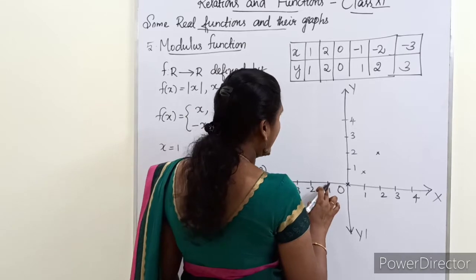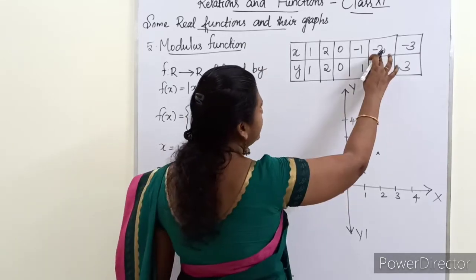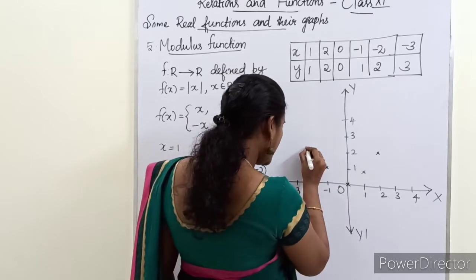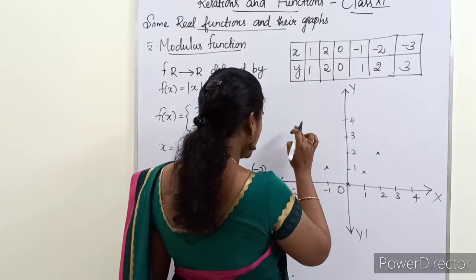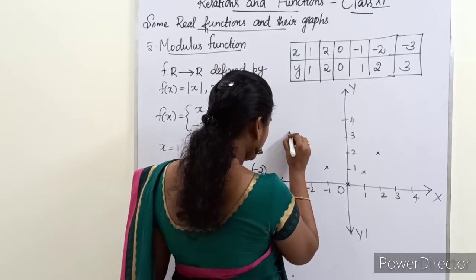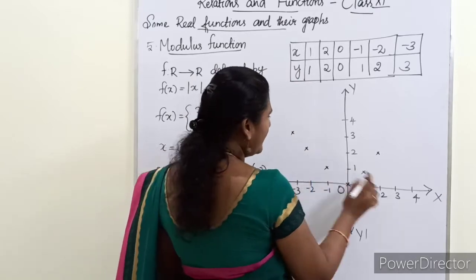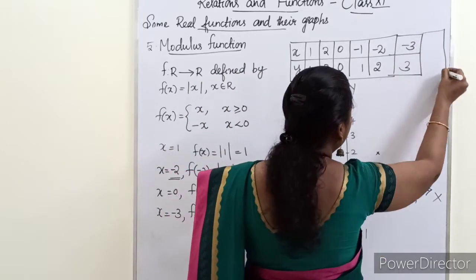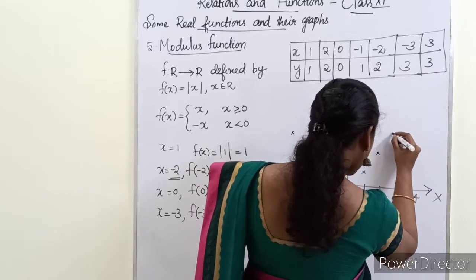X minus 1, y is plus 1, that is this point. X minus 2, y is equal to 2, that is this point. X minus 3, y is equal to 3. If you take x equal to 3 here, y is also 3 only, so we mark one more point, x 3, y 3.